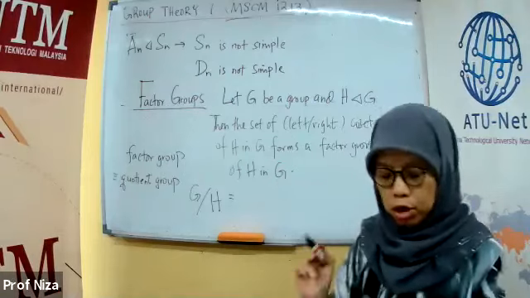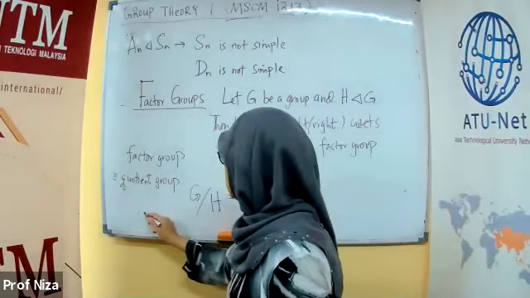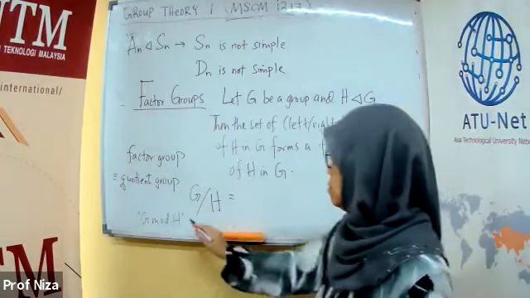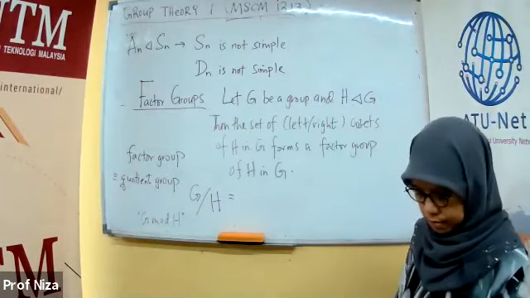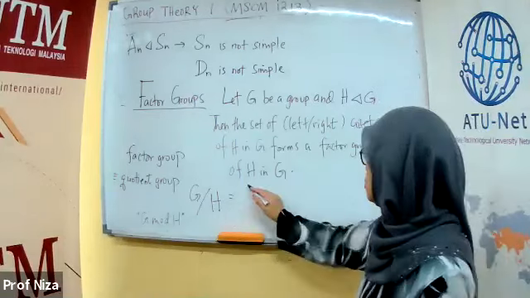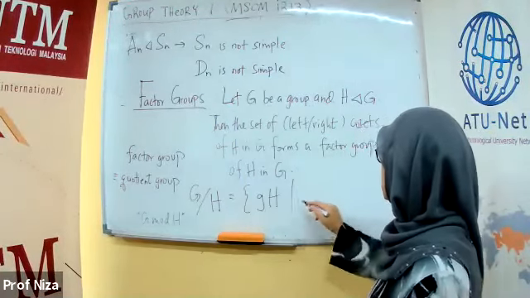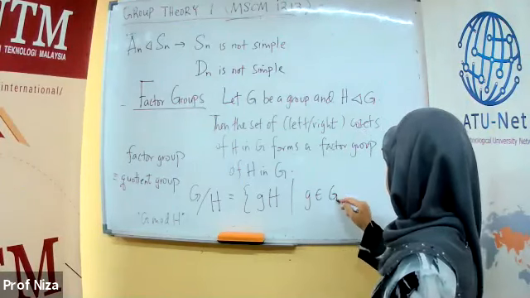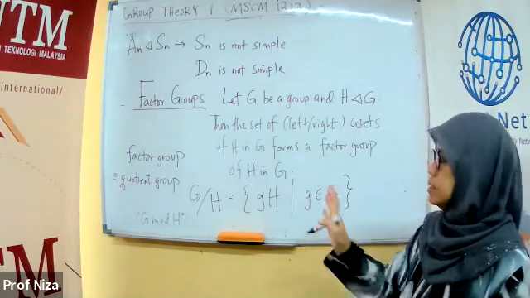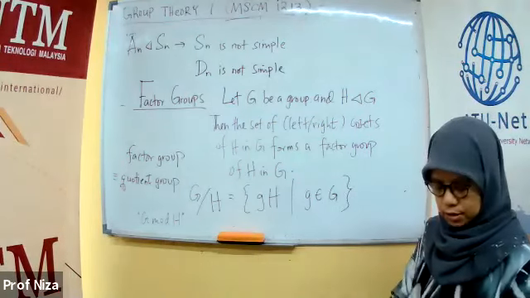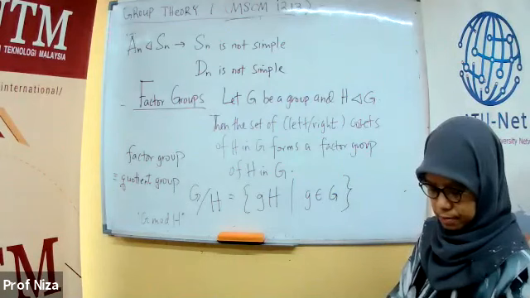And G mod H, this is what you say: G mod H. This is the set of all left or right cosets.